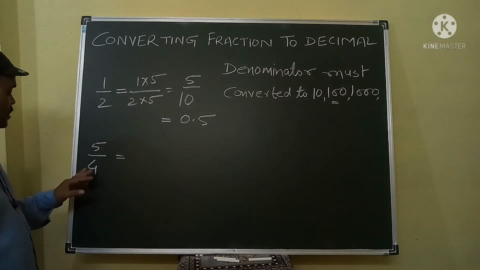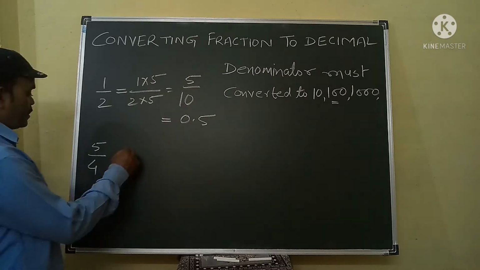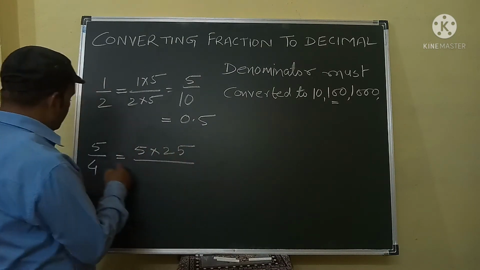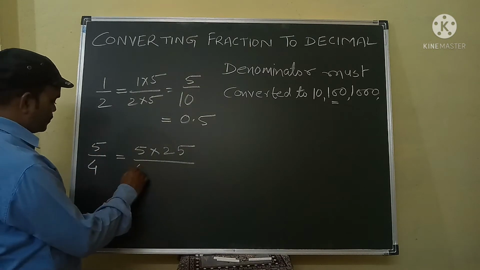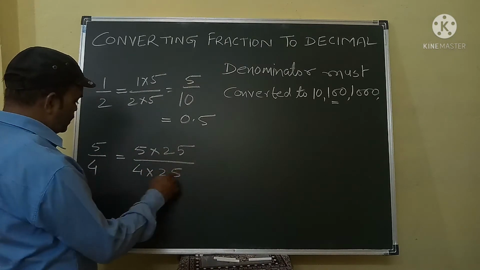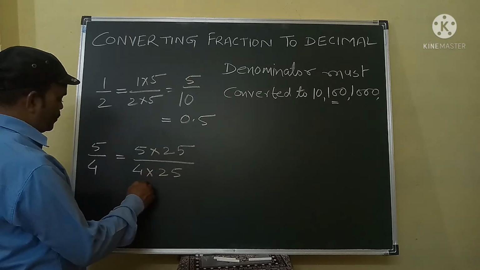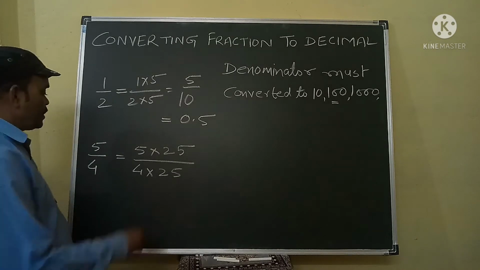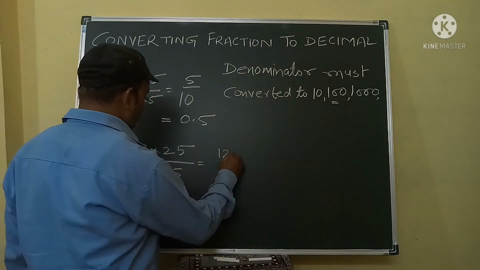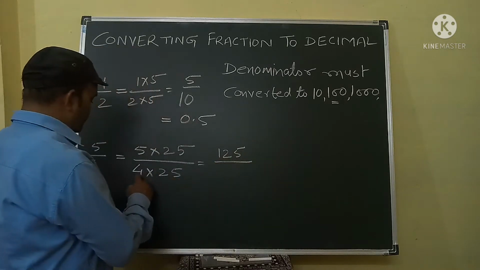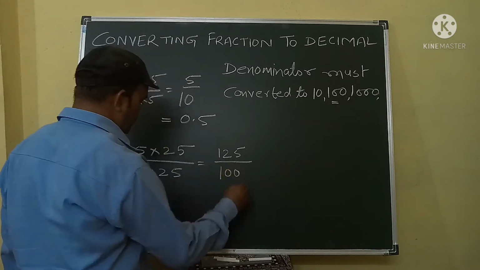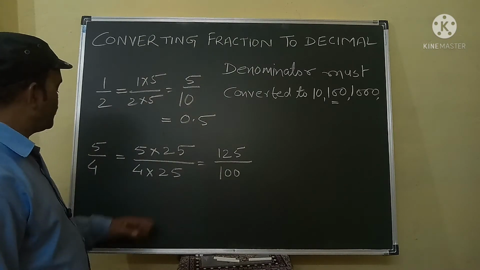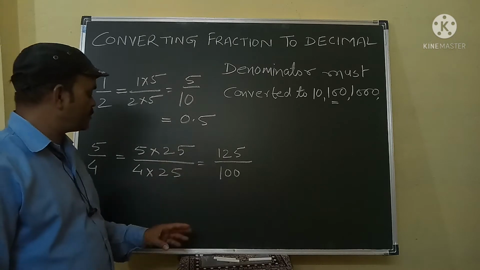You know very well, 25 4s are 100. That means in numerator and denominator, we multiply by 25. 25 5s are 125 and 25 4s are 100.